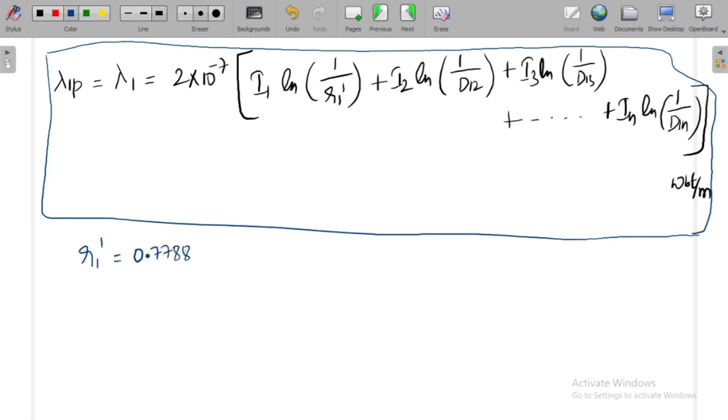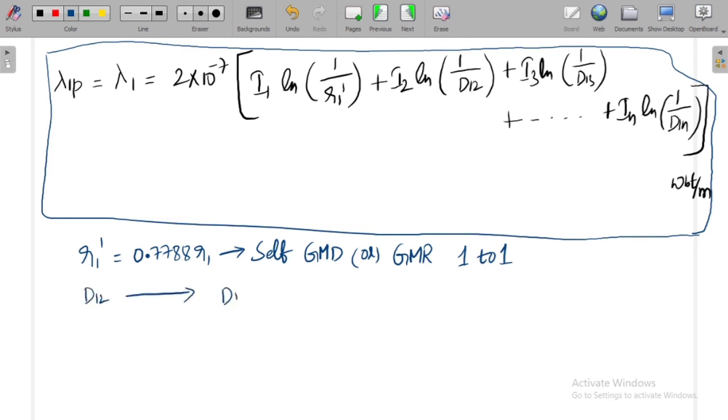Now in the first term we have observed r1 dash, so it is 0.7788 r1. It is nothing but the self GMD or GMR. GMR means geometric mean radius. We will study about this in the further classes.